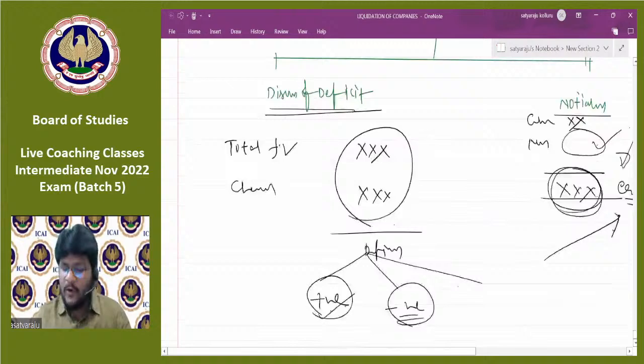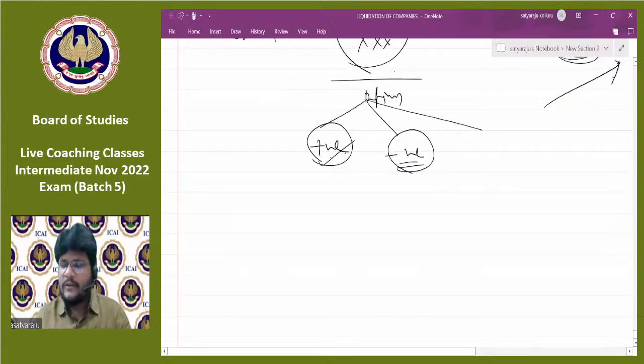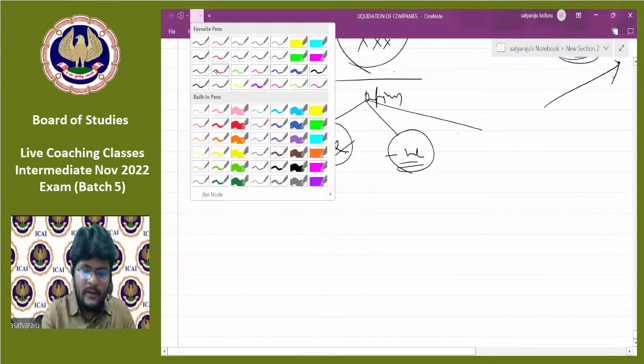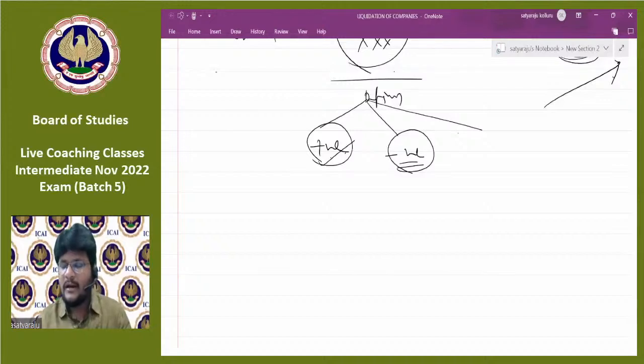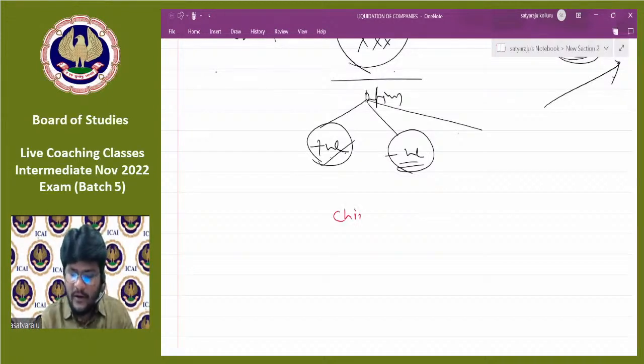Next, sir, one more important issue I just want to discuss, then I'll go with the problem, guys. What is that? I'm still in the concept of distribution of surplus among the equity shareholders. But right now, the different classes of equity shareholders differ not only in paid up value, there is also a change in face value. A change in face value and also a change in paid up value.